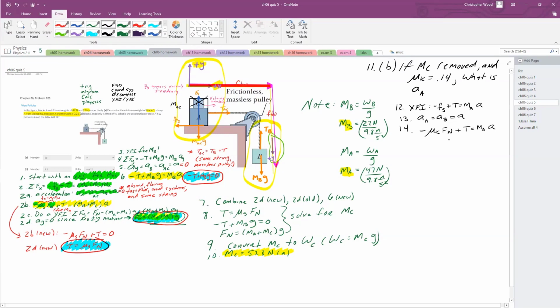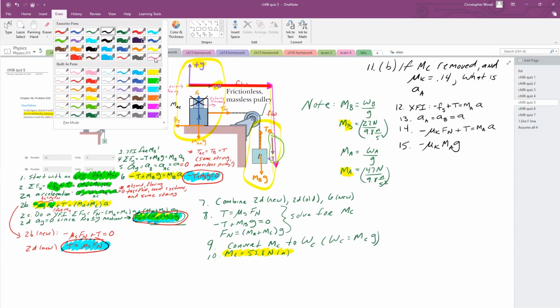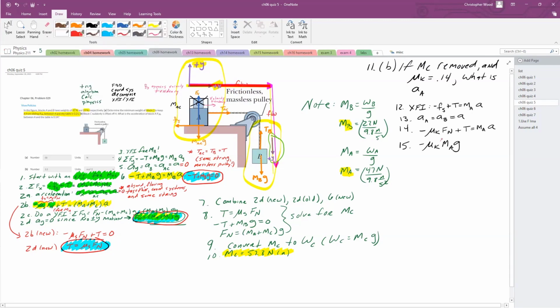I know the normal force. So again, in the interest of compressing time, I think you know the normal force is just going to be the mass of A times G. So I'm sidestepping the Y force inventory because I think you can maybe kind of see that, yeah, this is the normal force.